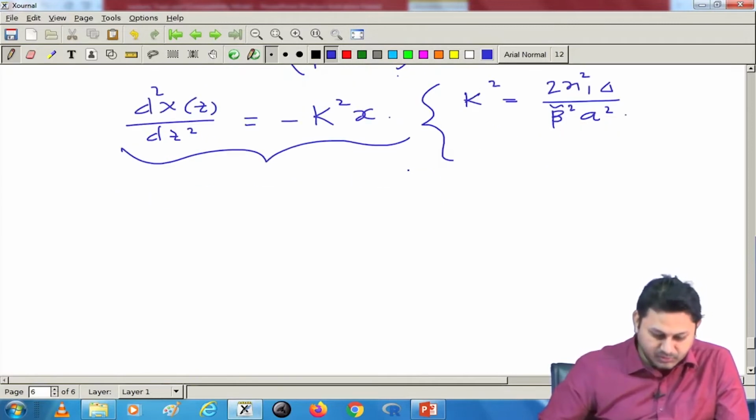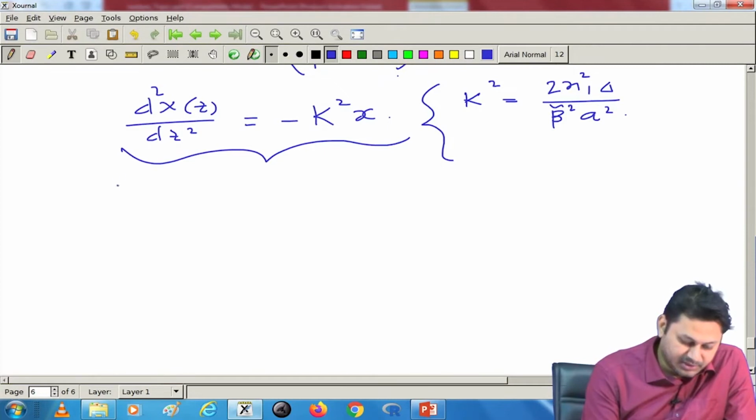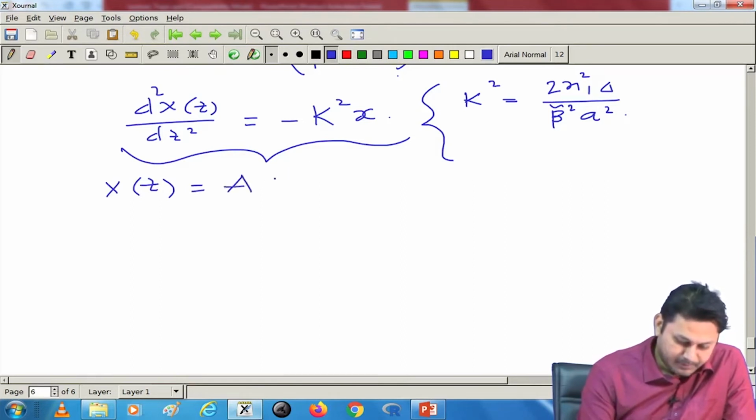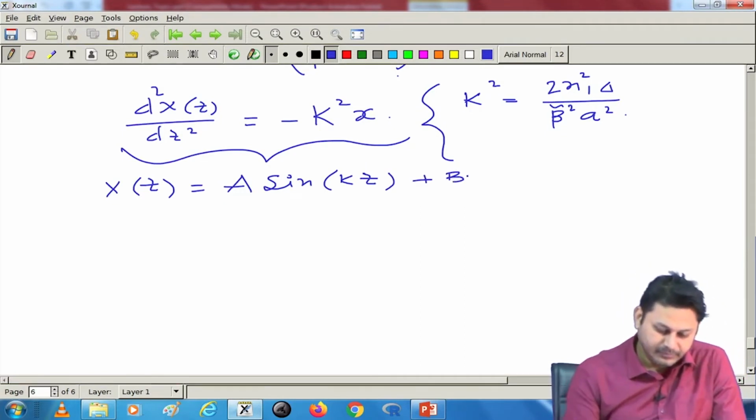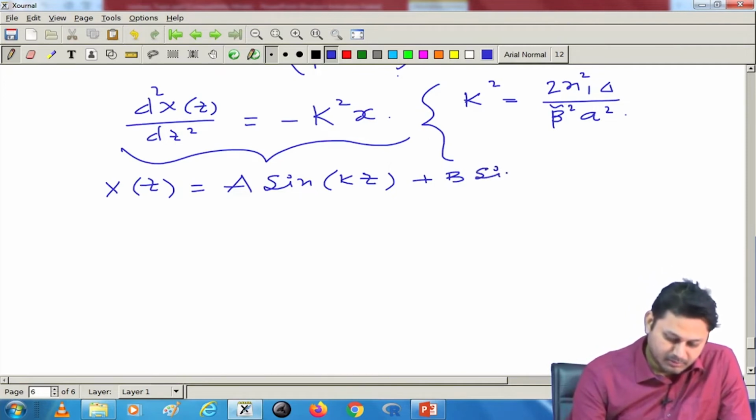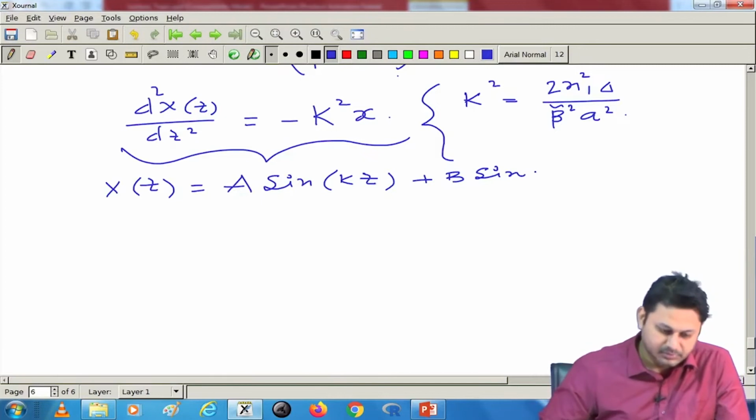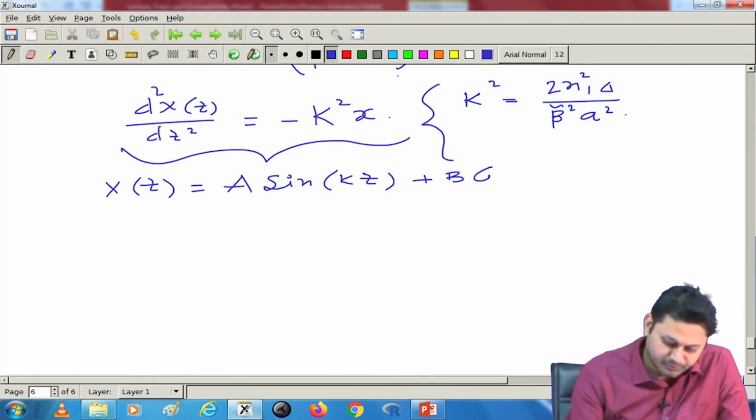So, I can readily write down the solution here, and it looks like this: a constant A sine of kz plus B, sorry, B it should be, cos of kz.